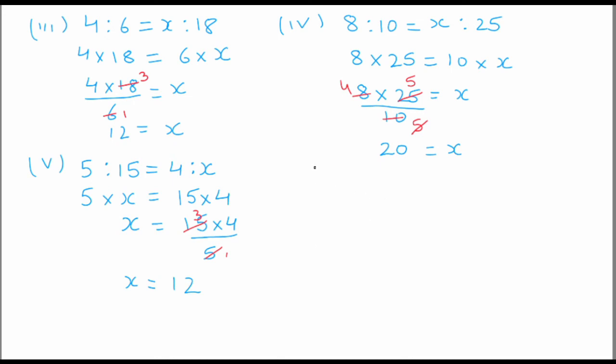The last question of the second is 16 is to 24 equals 6 is to x. Extremes are 16 and x, whereas the means are 24 and 6. Now take this 16 to that side.